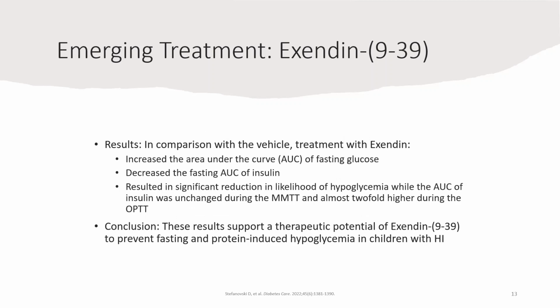What they found was that in comparison with the vehicle, treatment with Exendin increased the area under the curve, or AUC, of fasting glucose. It decreased the fasting AUC of insulin, and it also resulted in a significant reduction in the likelihood of hypoglycemia, while the AUC of insulin was unchanged during the MMTT, and it was almost 2-fold higher during the OPTT.